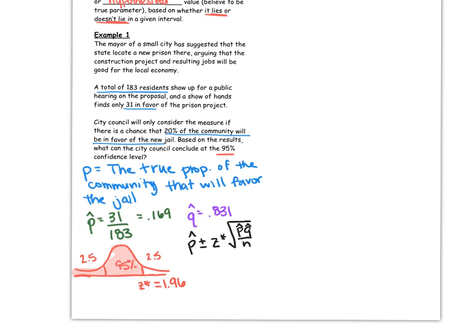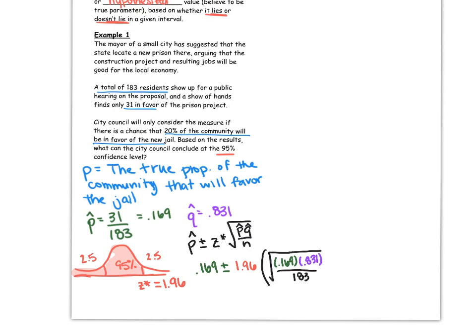P hat is 0.169 plus or minus. Z star is 1.96. The square root of P hat, 0.169, Q hat, 0.831. What is N?